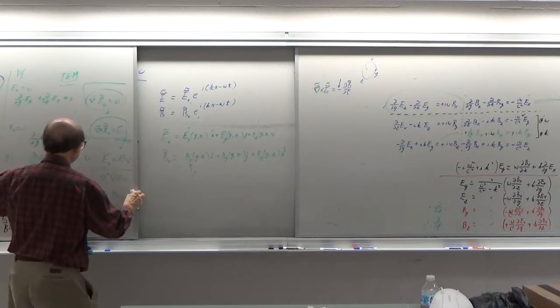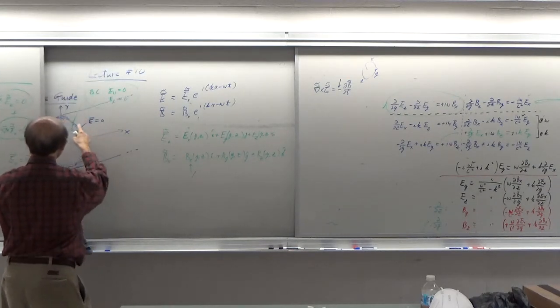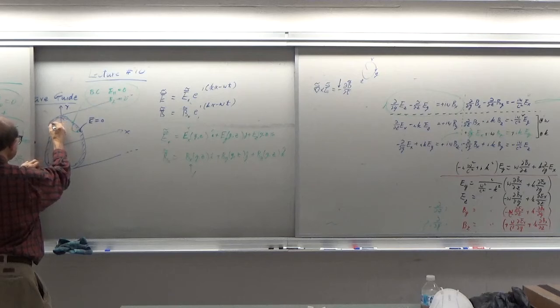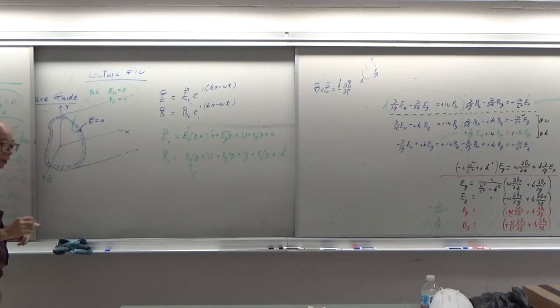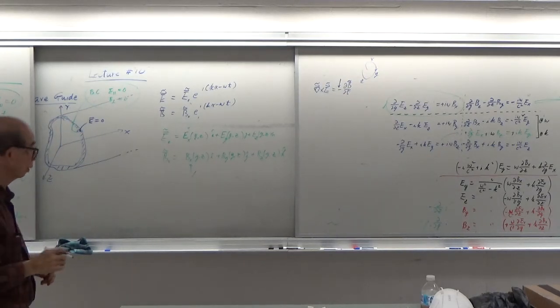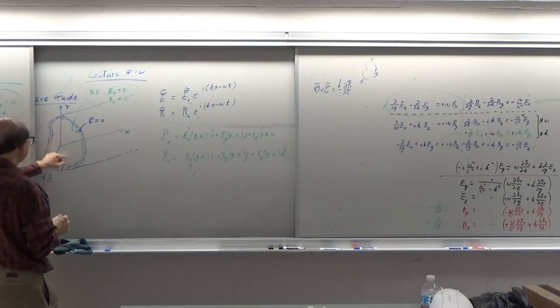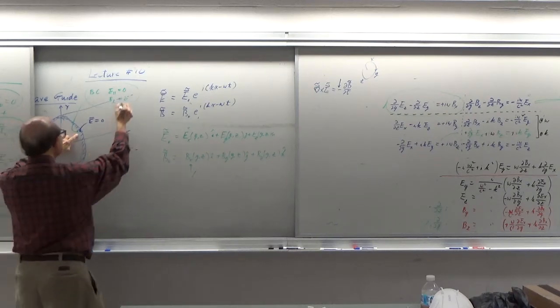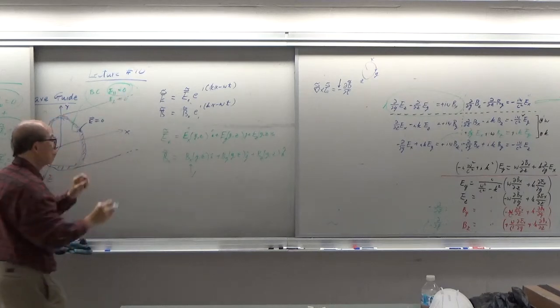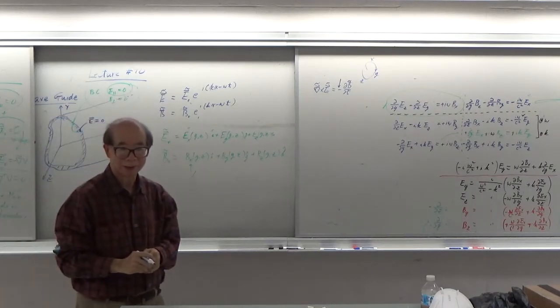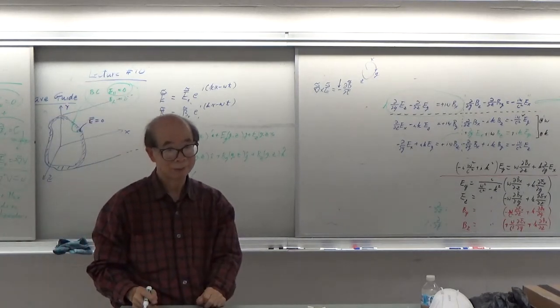And we are talking about the boundary being, of course, the inner surface of the pipe. But on the inner surface of the pipe, we know this boundary condition, namely that the parallel component of E is 0.